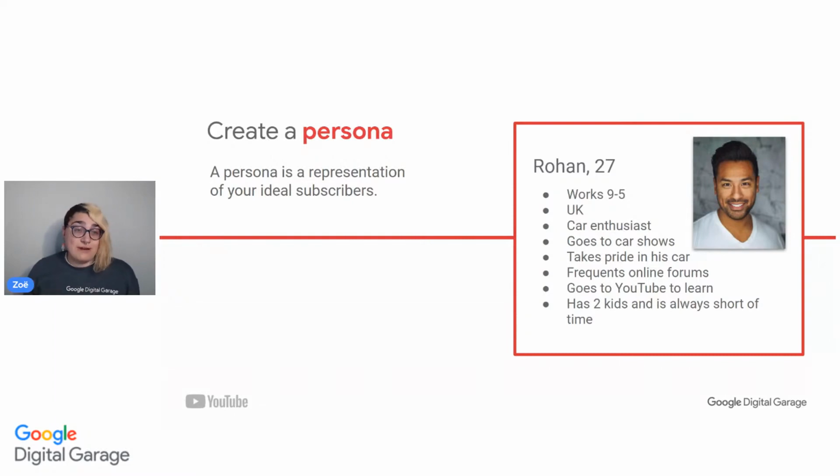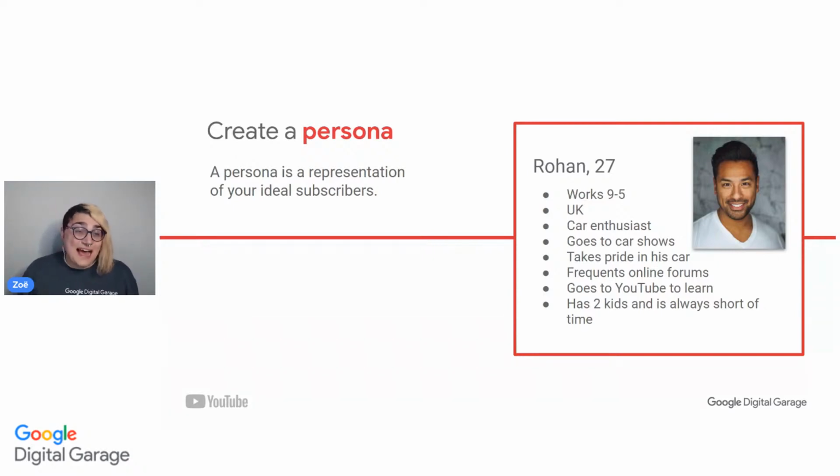Now, Rohan isn't real. Well, there might be someone called Rohan who is in your audience base, but the YouTube channel that has created this persona, Rohan is not a real customer of theirs. They've not created him based on any real person. What they've done is chosen the average person that they might interact with.